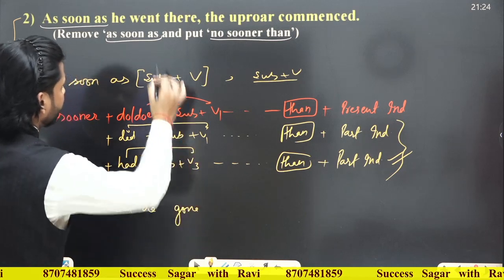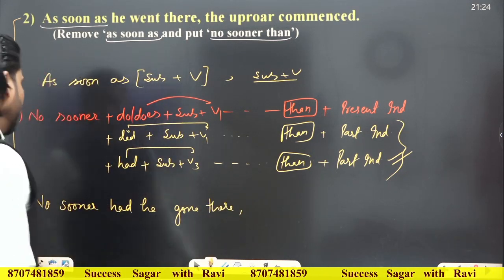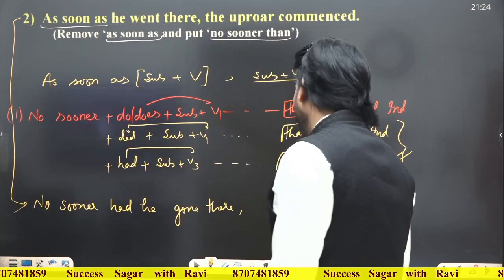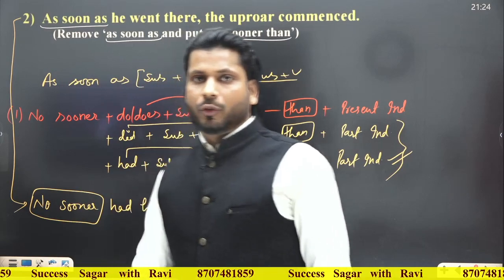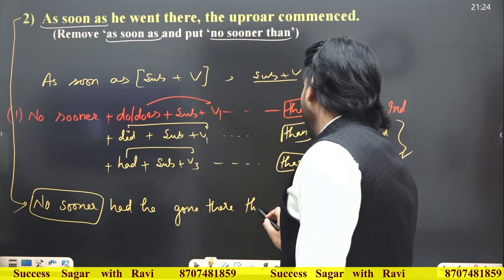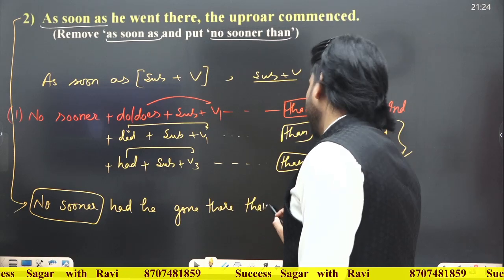The third form of the verb went is gone. No sooner had he gone there, not comma. If we use no sooner structure, we'll have to use than. Than should be here. And the following clause would be written in past indefinite tense.